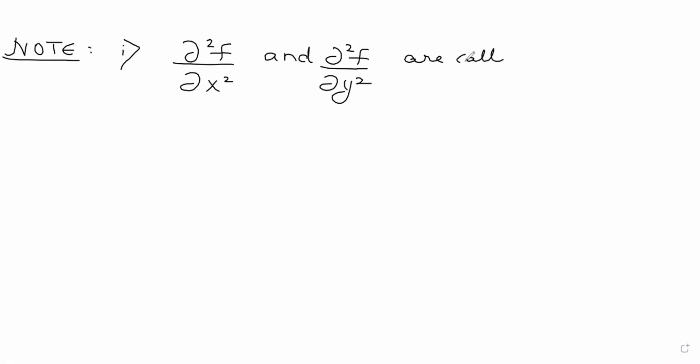Del square f by del x square and del square f by del y square are called the direct second order partial derivatives.